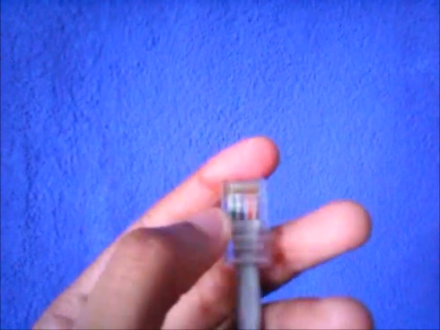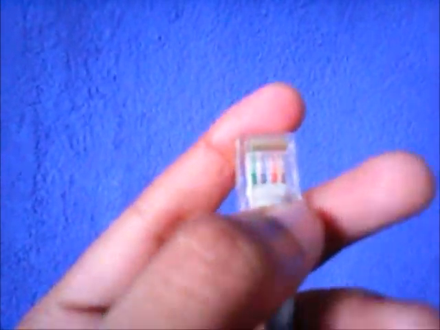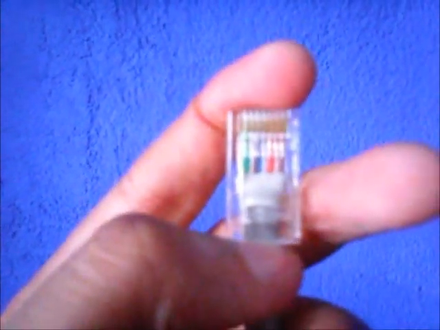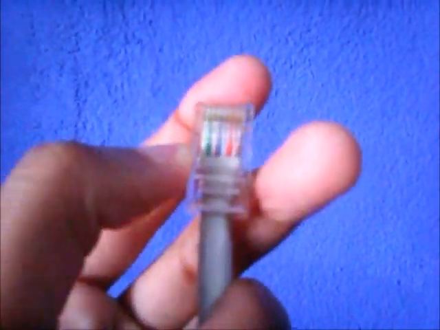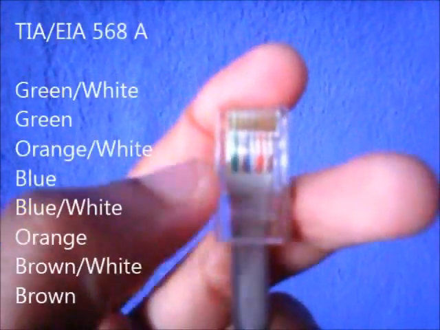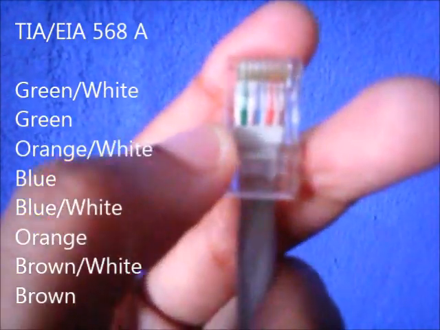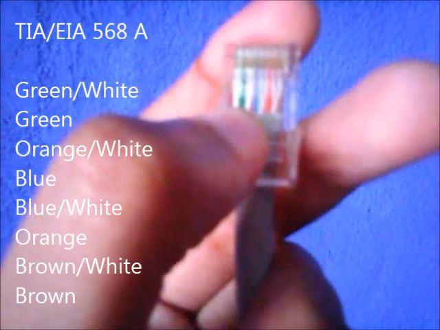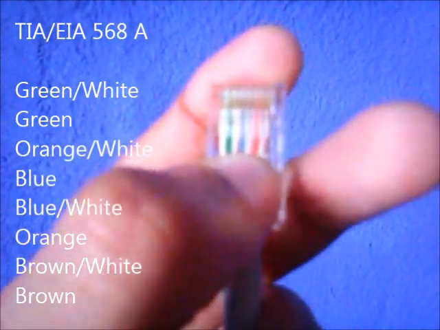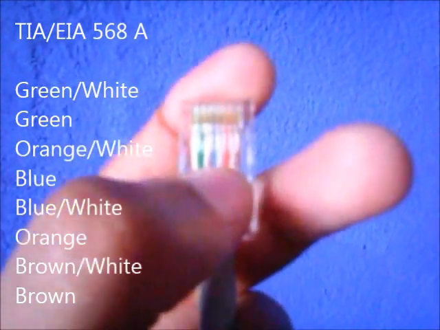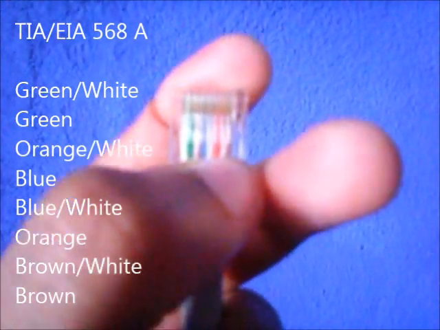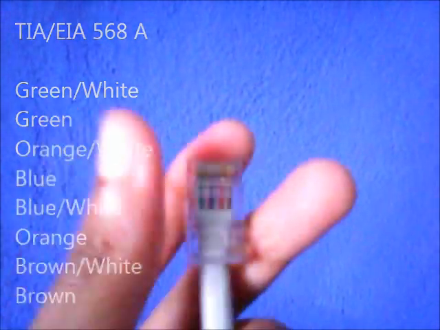Okay, next you have to double check these wires according to T568A color coding. Start from the left hand side. First wire must be white green, next green, white orange, blue, white blue, orange, white brown, brown.